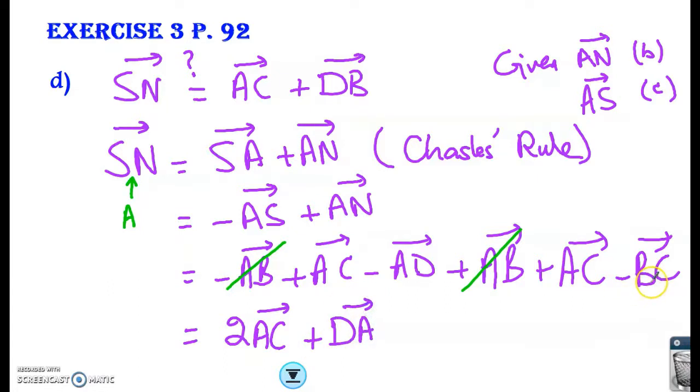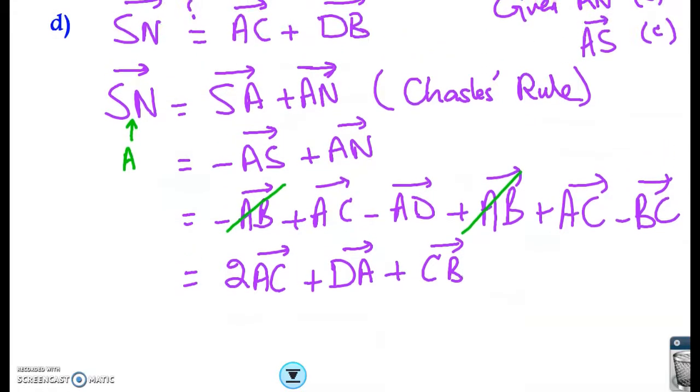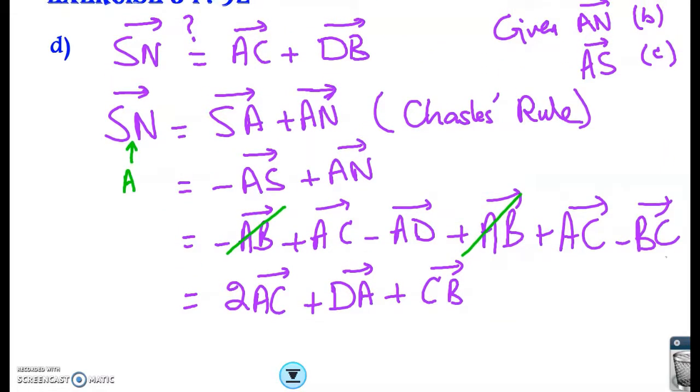And minus BC becomes plus CB. But this is not what we want. Our goal is to show that Sn is equal to AC plus DB. Okay, notice here I have 2 AC, not 1 AC. So to get rid of one of the ACs, I should have here some CA.